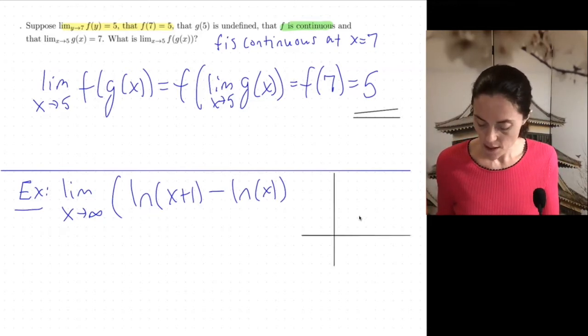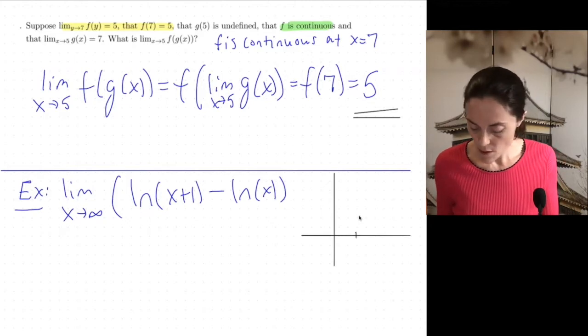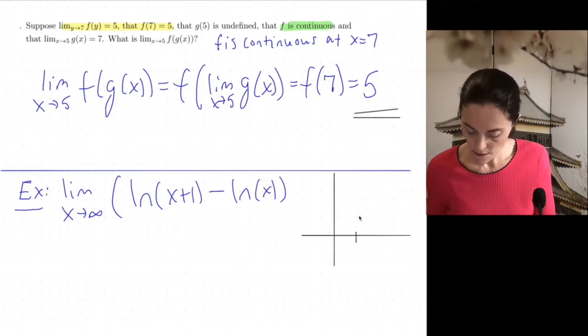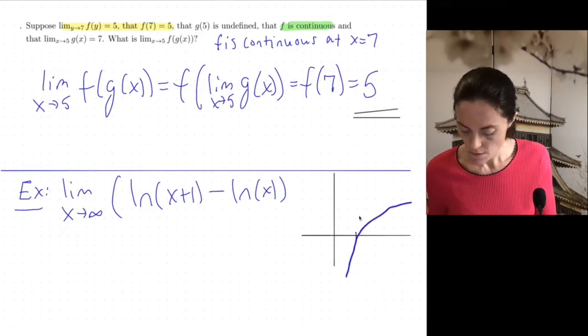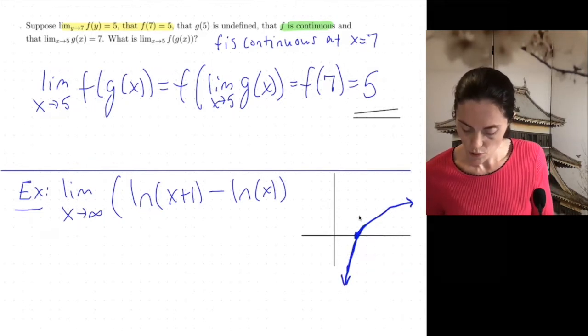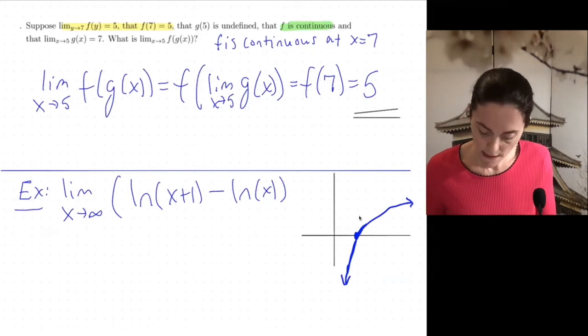It goes to the point (1, 0), and kind of looks like this. This is more or less the shape of y equals natural log x.